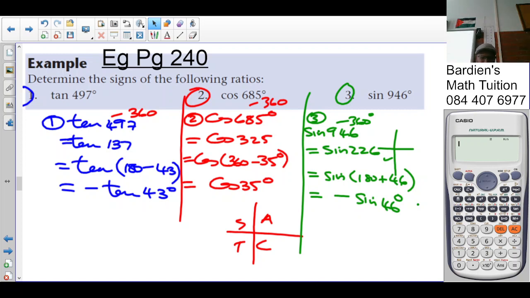Does anybody else have any other good questions? No? Okay. So now we're going to look at negative angles.